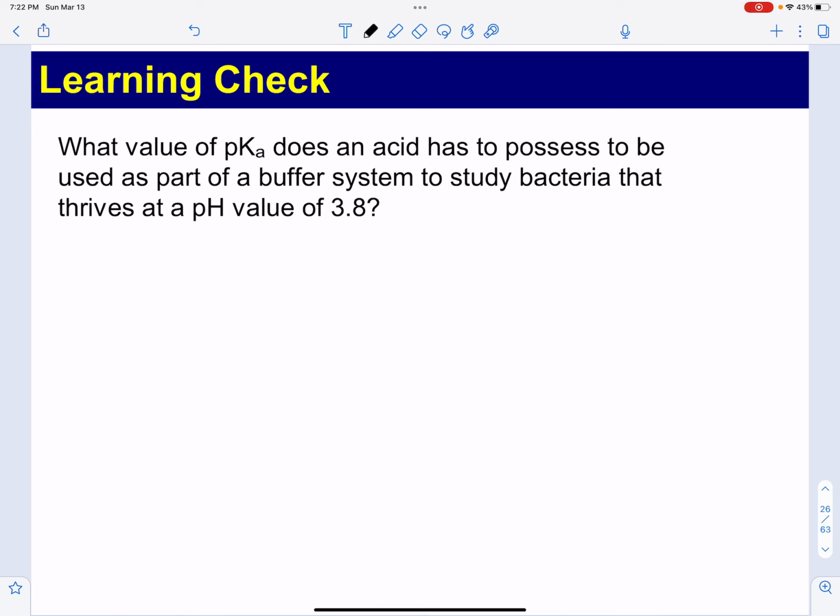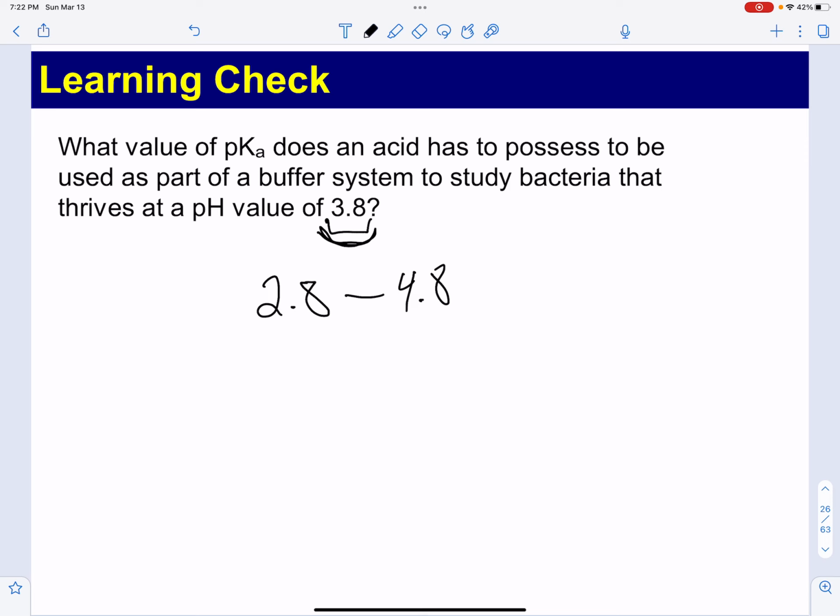What value of pKa does an acid have to possess to be used as part of a buffer system to study bacteria that thrives at pH 3.8? Ideally, you want to maintain it at 3.8, right? So you probably need to find a buffer around 2.8 to 4.8. That will keep it close to that point.